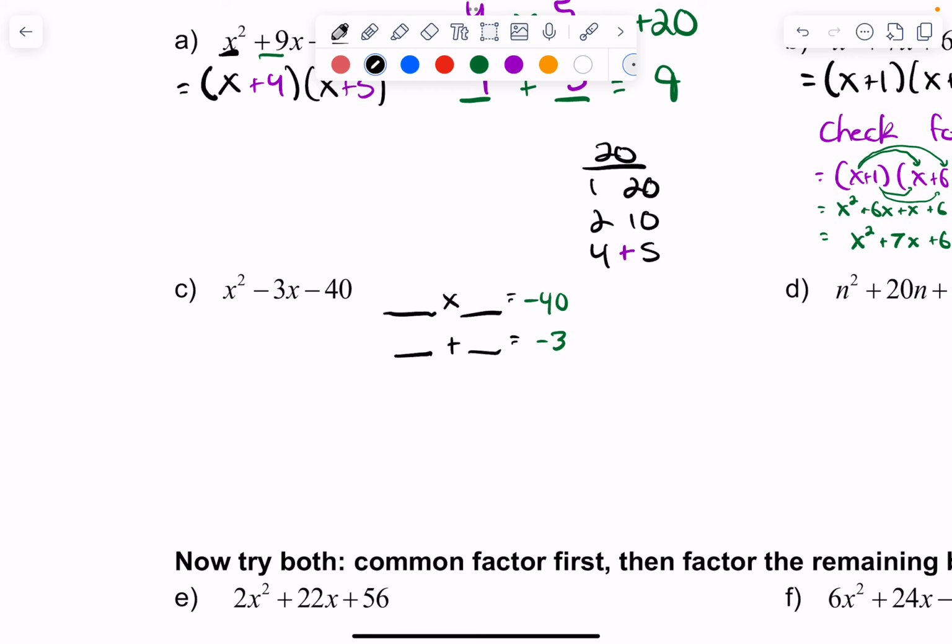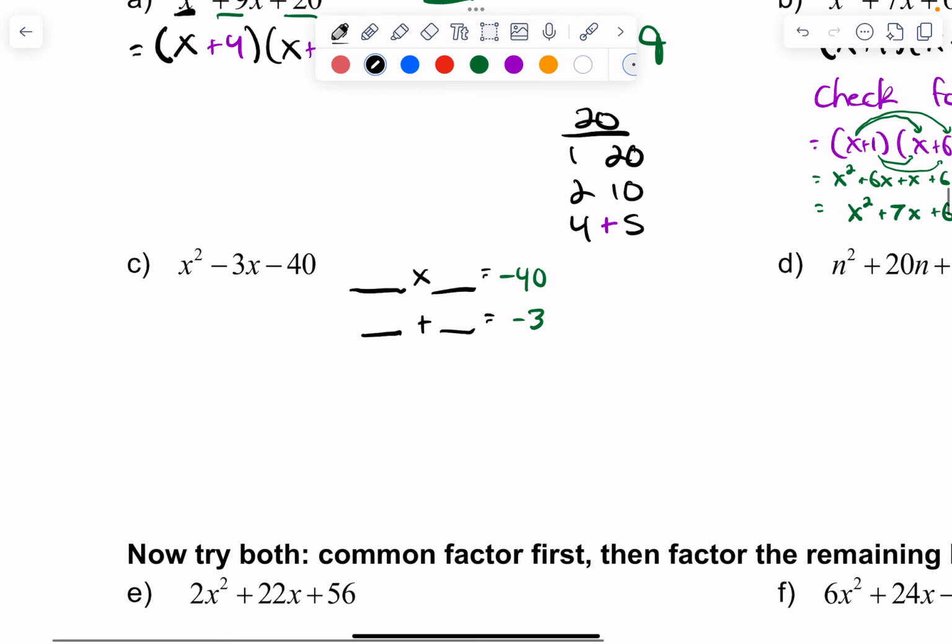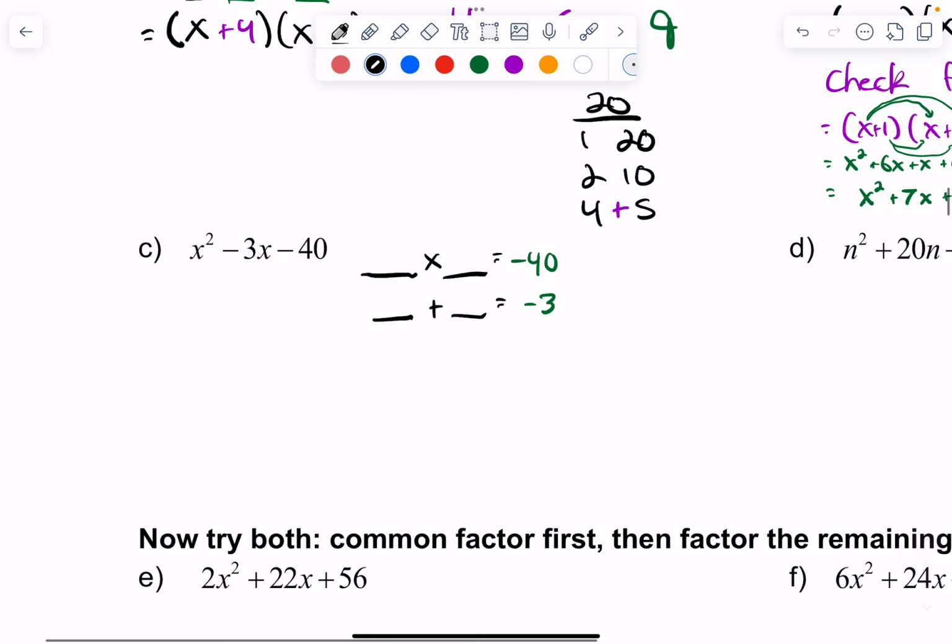All right, so what you want to do is go same process then at this point. So you go, okay, well, what are my multiples of 40? And before we keep going on, I want you to do a logic check and say, well, how do I get this negative here when I'm multiplying? Well, that negative can only come if one of the numbers here is positive and one of them is negative.